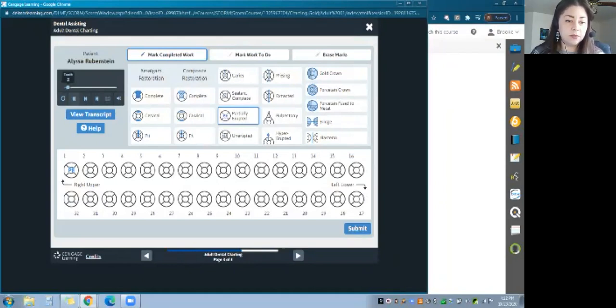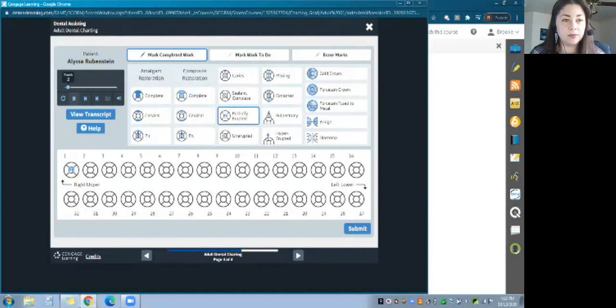Number 2 has a Class 5 restoration on the buccal and an MO amalgam. Let's rewind that. Number 2 has a Class 5 restoration on the buccal. So mark completed, and it's a Class 5 restoration.